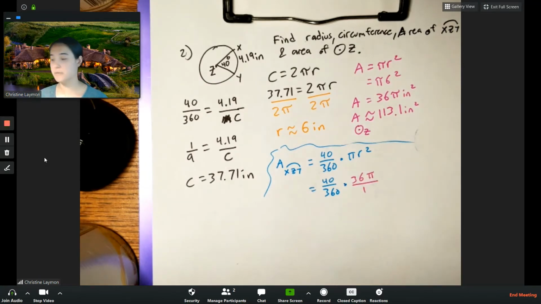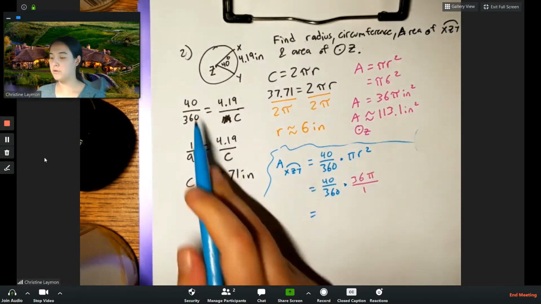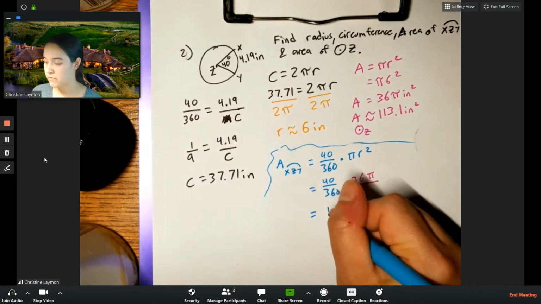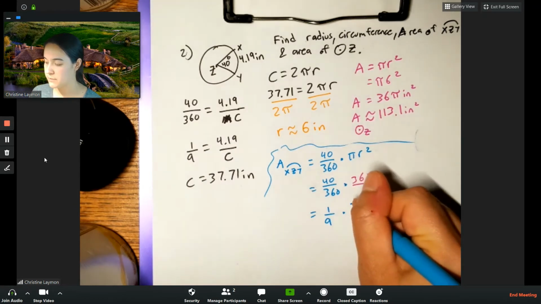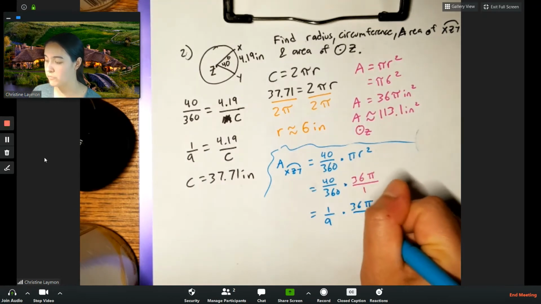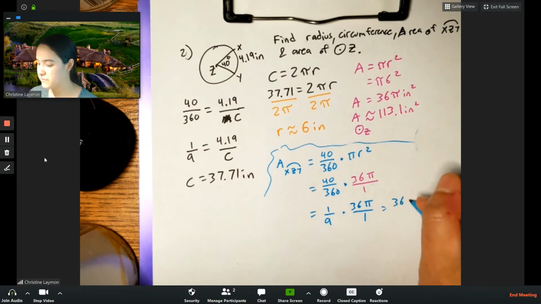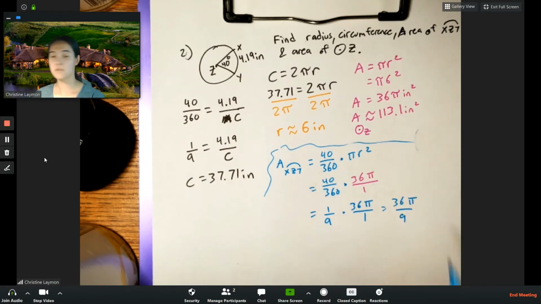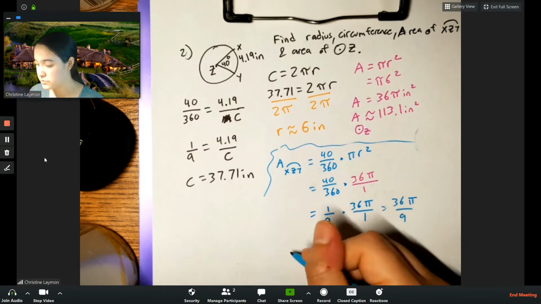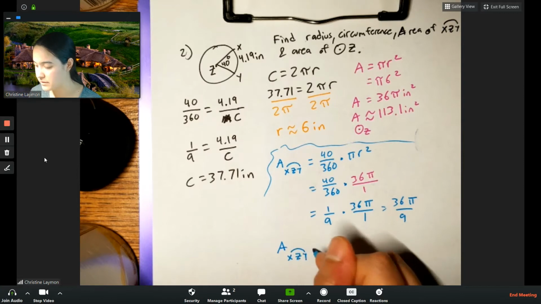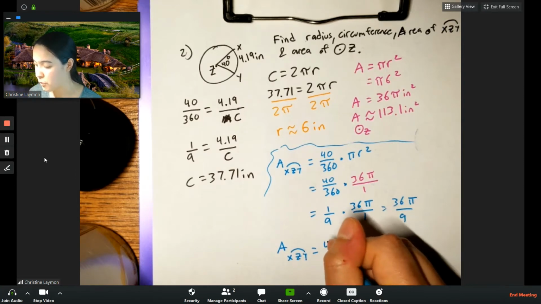Let's go ahead and simplify this. We already know that 40 over 360 is just 1 over 9. So I have 1 over 9 times 36 pi over 1. So this becomes 36 pi over 9. And we know what 36 divided by 9 is, just 4. So this area of sector XZY is going to be 4 pi.